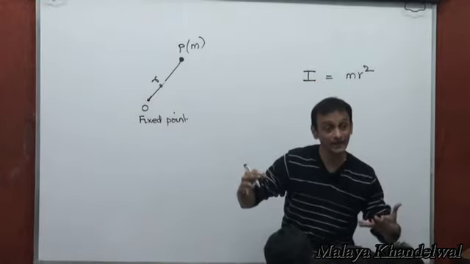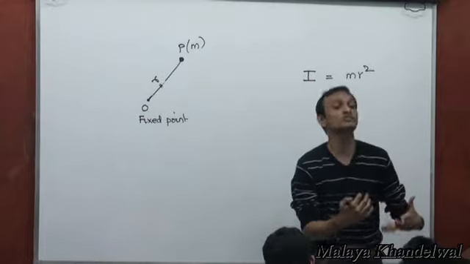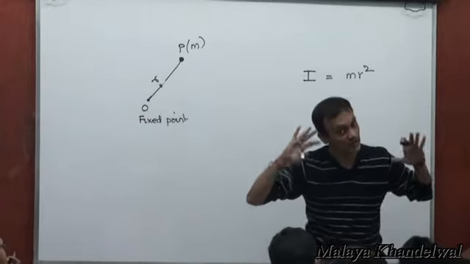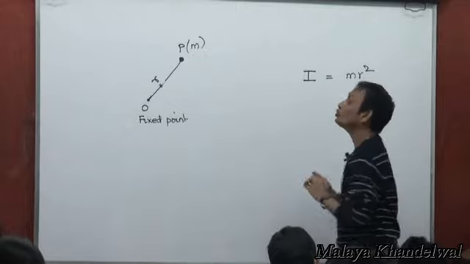Sigma m_i r_i squared. So in this case, just one mass, so its moment of inertia about O is going to be mr squared. That's one thing.